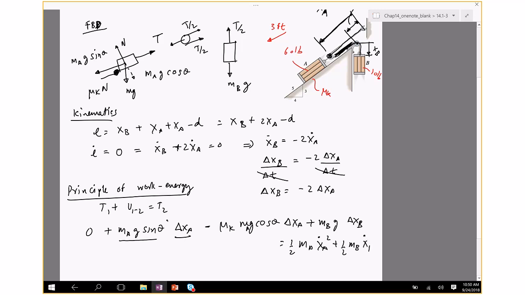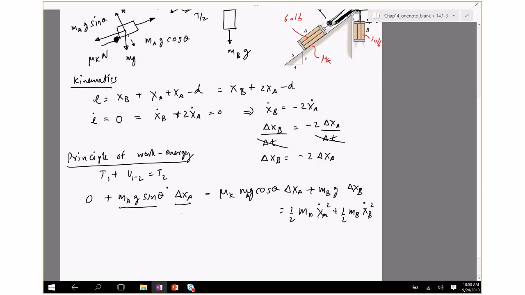What needs to be done is I need to sub in for delta XA as minus delta XB divided by 2, and XA dot as minus XB dot divided by 2.